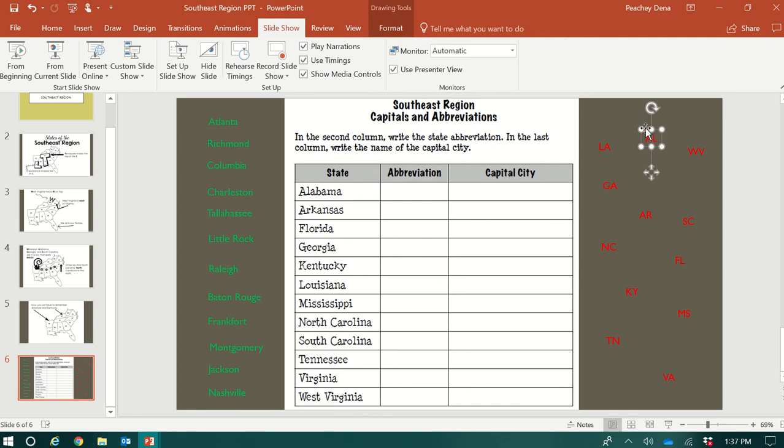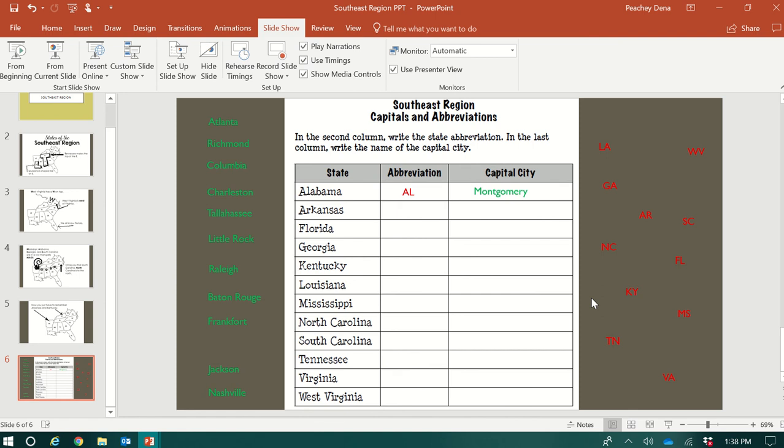I am going to move Alabama, AL, over to the abbreviations. You can remember it because it's the first letter and the second letter: AL, Alabama. And then the capital city is Montgomery. So you can go ahead and write that in.